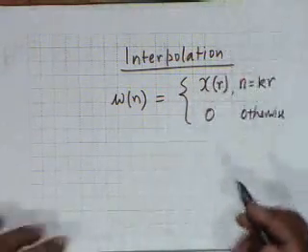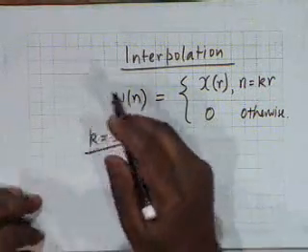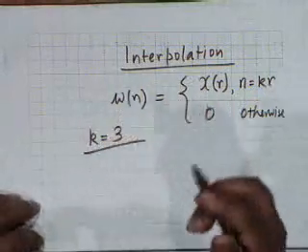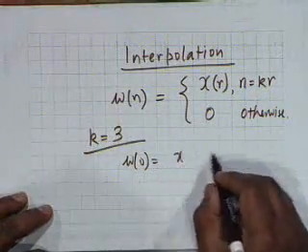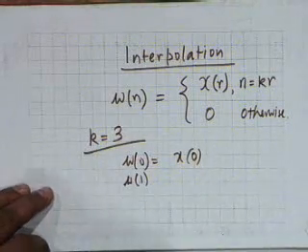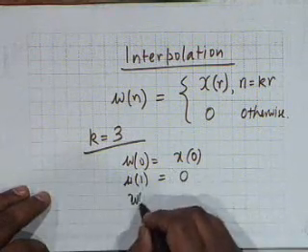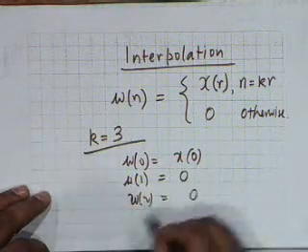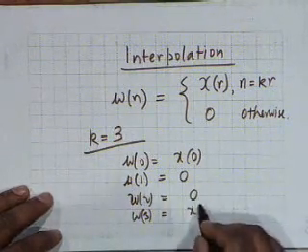All right. So what we do essentially, suppose k equal to 3. Suppose k equal to 3, then w of 0 shall be equal to x of 0. w of 1 is not a multiple of 3 and it is 0. w of 2 once again is 0. w of 3 is equal to x of 1.